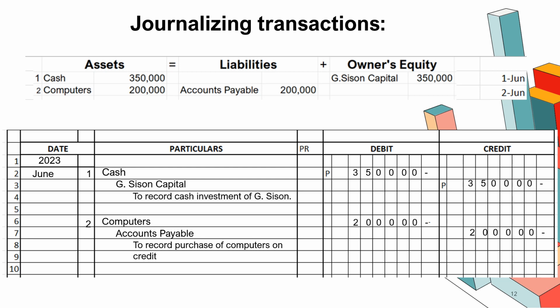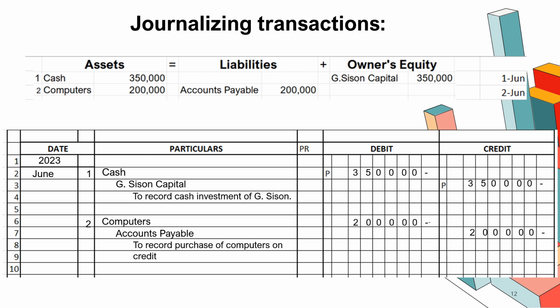So this is how you record transactions in the journal. Okay, again, let's summarize. You put the year. Since this is your first page, you put the year, and then right after or below that, the month and the date of the transaction. Okay, the day. This is June 1. And then under the particulars column, you have the debit entry. And then right after the debit entry, your credit entry, which is slightly indented.